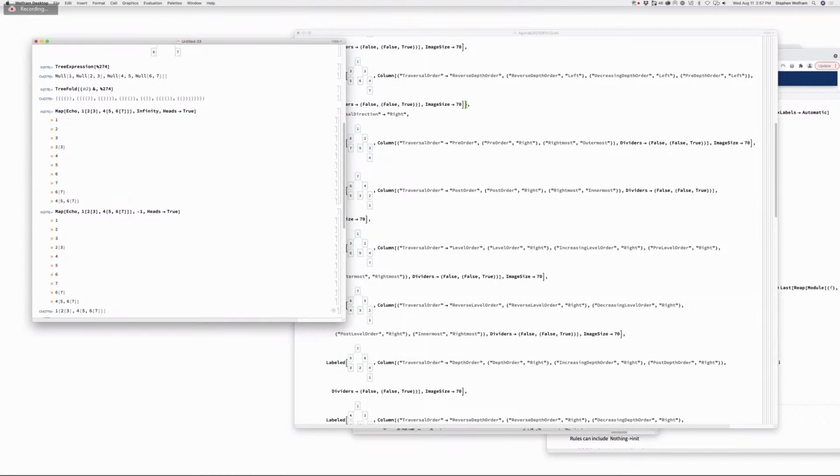Try list -1. I think -1 is equivalent to infinity. Right, so that's only going to be the leaves. Okay, so my point is, for map right now, the level spec is not a traversal order. The level spec is just saying which part of the tree you paint. Right. Map always does a post order traversal.